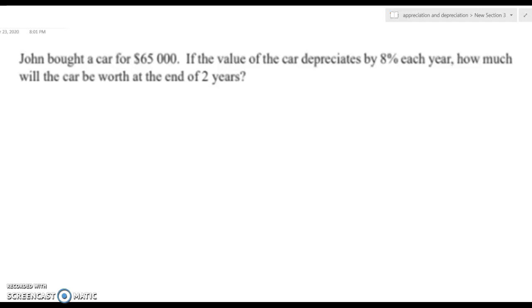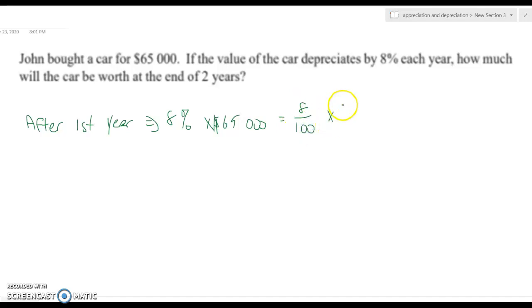All right, so he bought the car for $65,000, depreciating by 8% each year. How much will it be worth at the end of 2 years? Let's look at the first year. Let's find 8% of that $65,000. That would be 8 over 100 times $65,000.